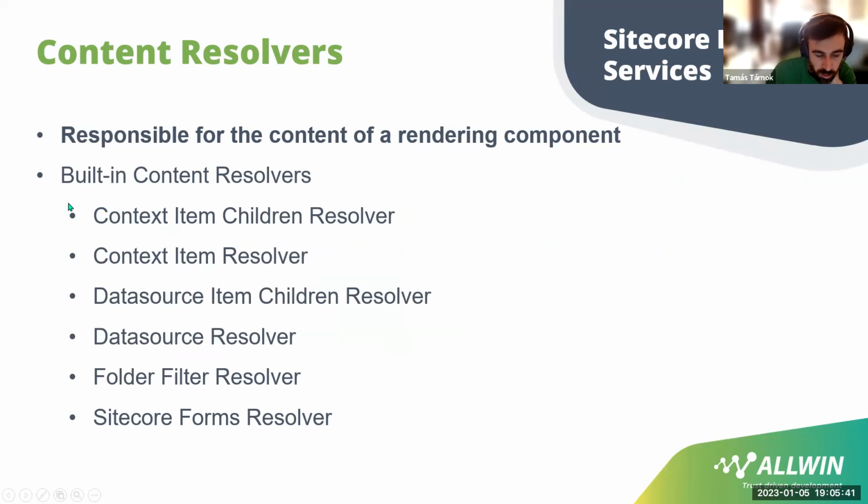So in C# you can program to get any kind of data for rendering. These are just the default ones, but if you need data from any kind of resource or from different paths in the content tree, you can do it by creating a content resolver. And Sitecore also has nice documentation on how to implement these.